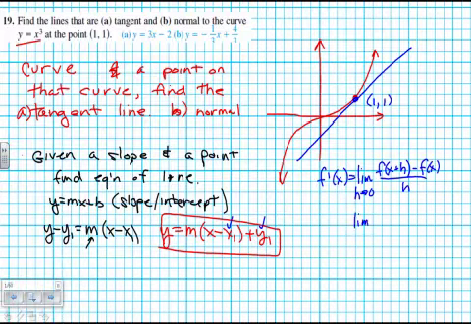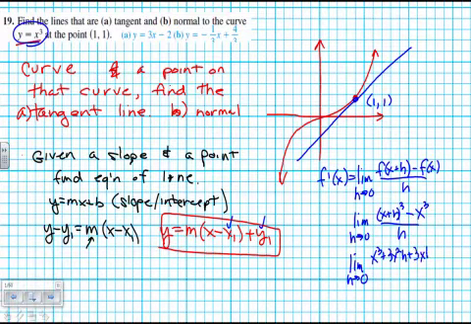But if we define our function as being the cubic function, this turns into x plus h cubed minus x cubed over h, which is the limit as h approaches 0 of x cubed plus 3x squared h plus 3xh squared plus h cubed minus x cubed all over h.